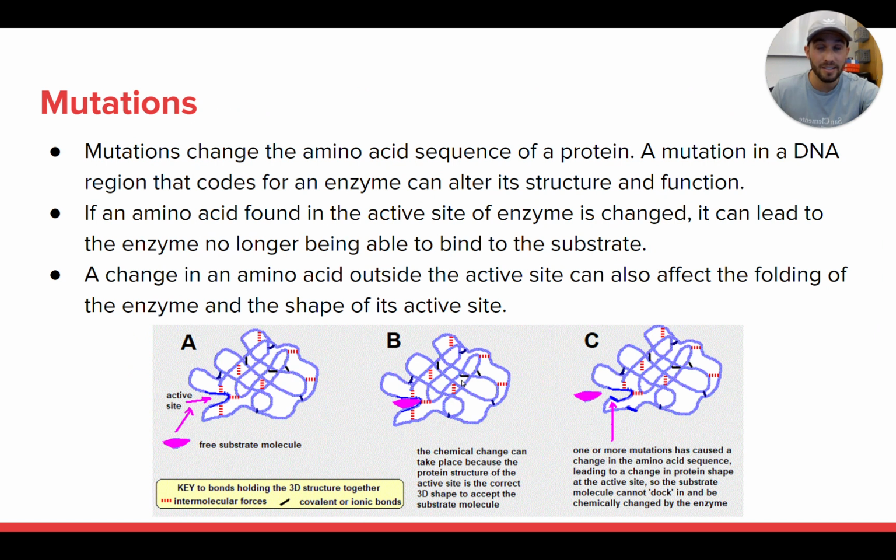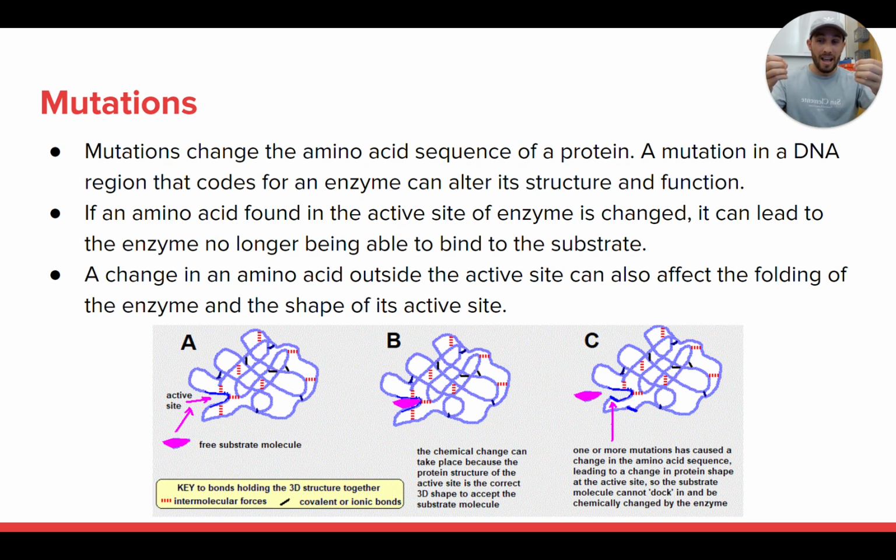And again, this is something we've talked about before for proteins. You could have a mutation in your DNA that could affect the amino acid sequence in a protein. Let's say specifically this is an enzyme, and you have a mutation that causes that sequence of amino acids to now be different.